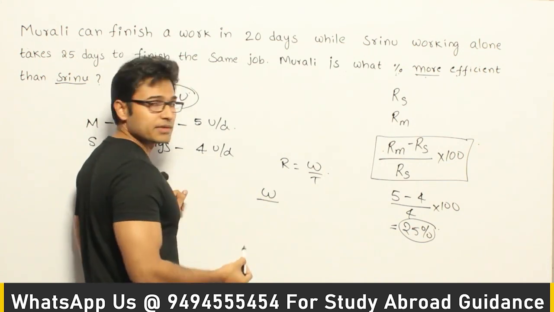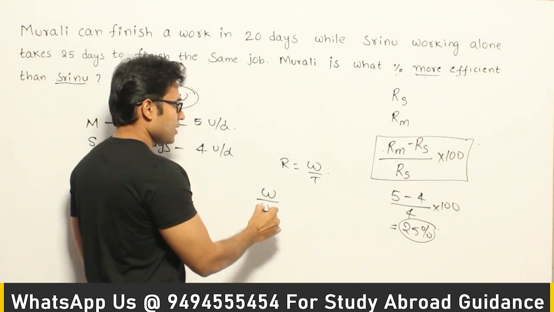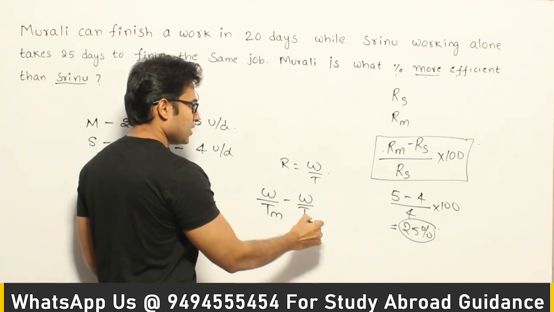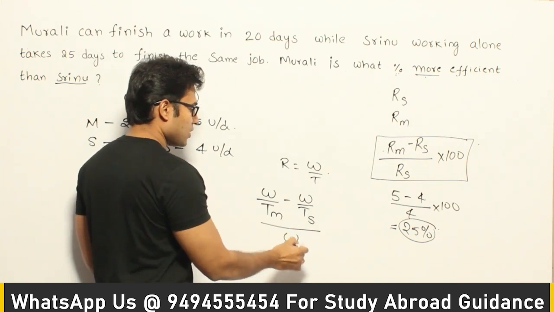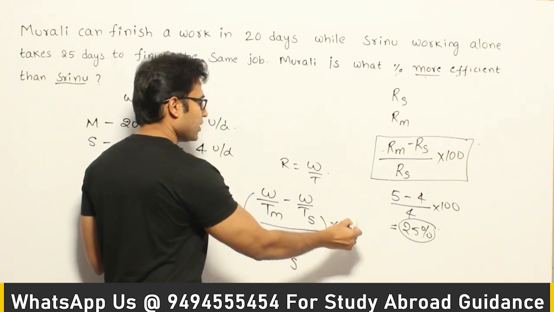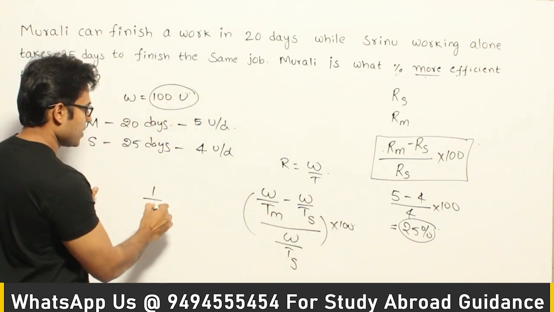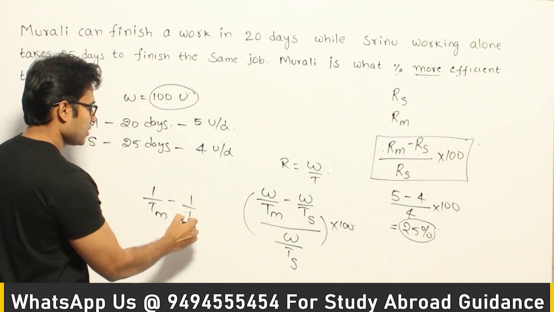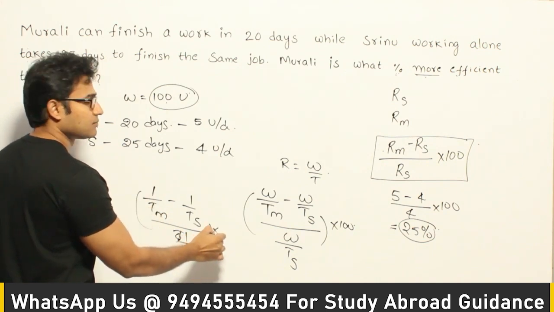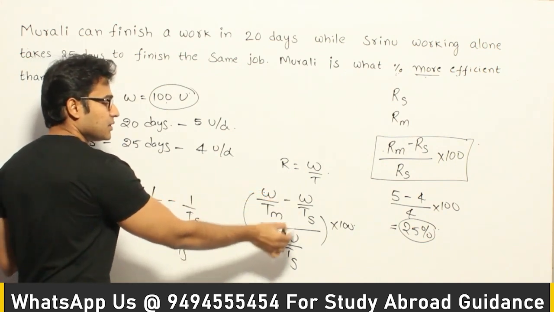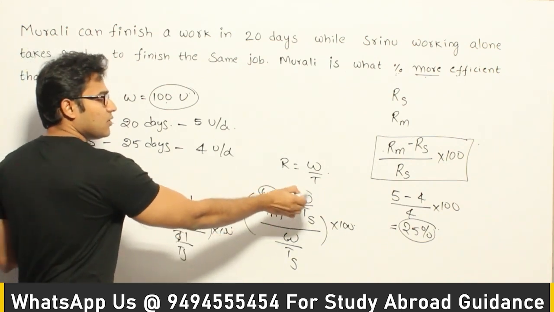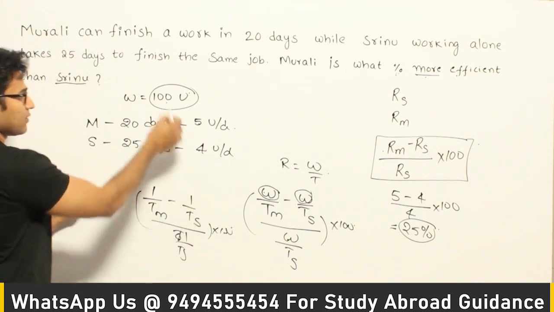If you assume the work is W units, it is work divided by time taken by Murali minus work divided by time taken by Srinu, divided by work divided by time taken by Srinu, into 100. Therefore it is going to be 1 by Tm minus 1 by Ts, divided by 1 by Ts, into 100. So whatever value you imagine here, it doesn't really matter. The only thing is to imagine some value which will make the computations easy. For that reason I have taken 100 units.